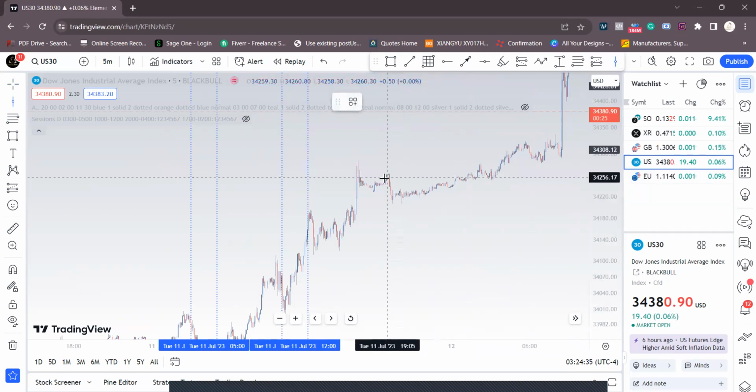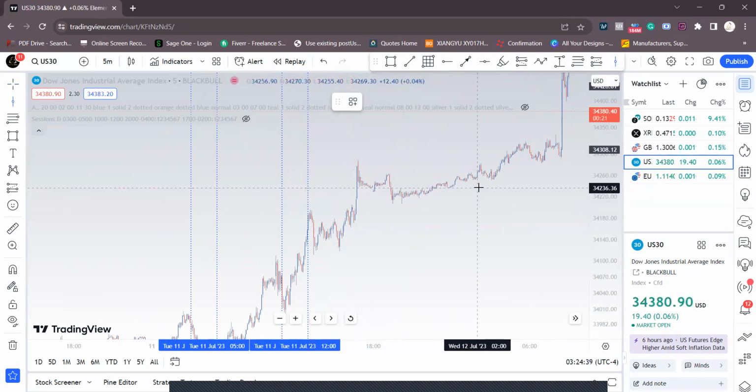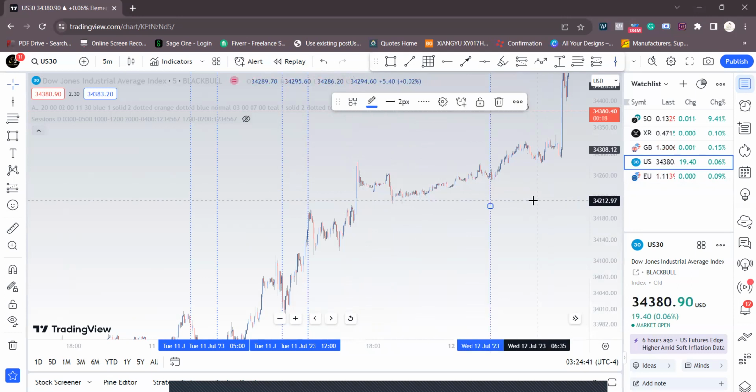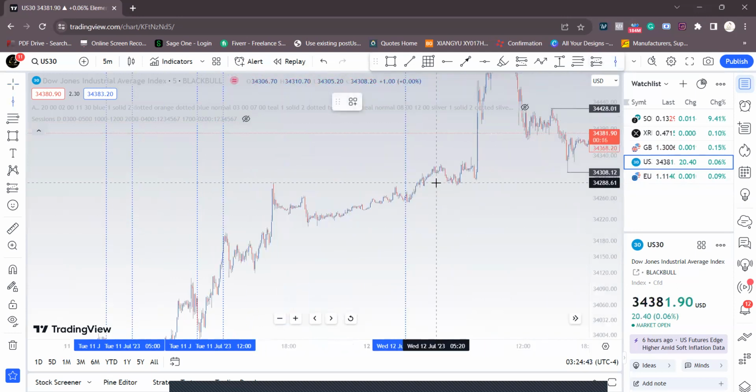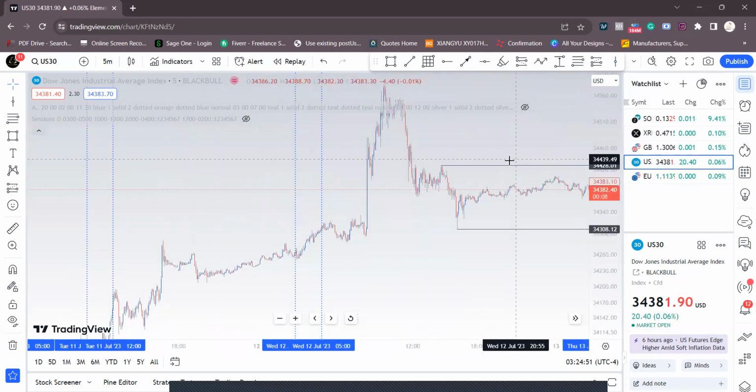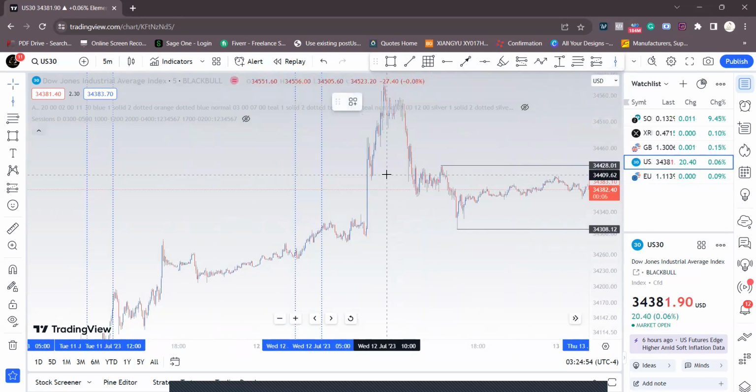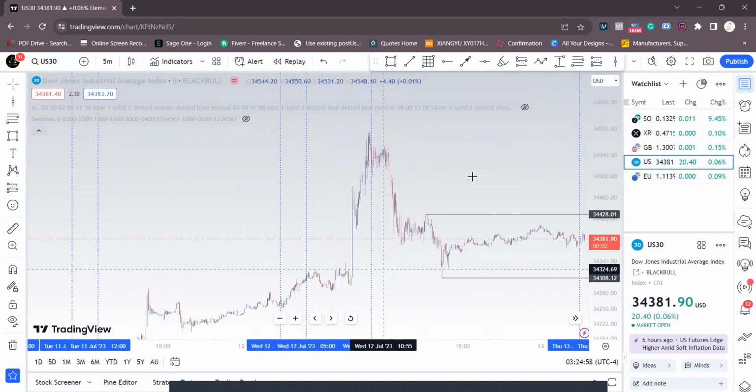The next day, 3 to 5 is going to be the London session in our time. And 10 to 12 is going to be the New York session in our time. So I'm going to put the times back to SA now, as soon as I've highlighted this.